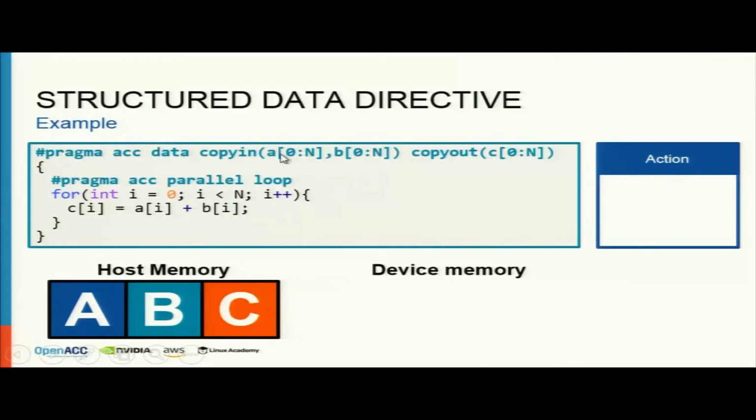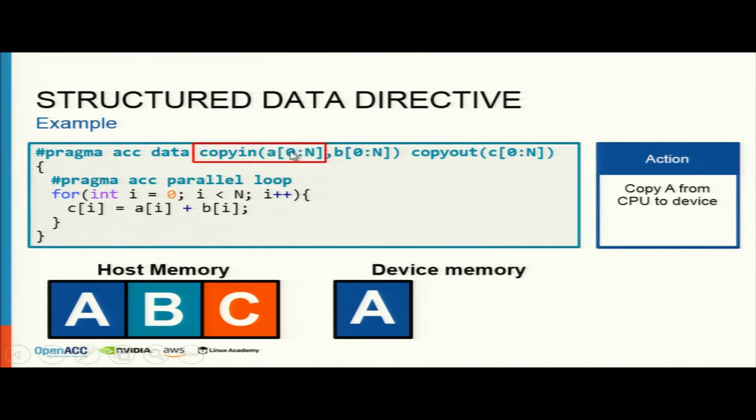Let's see an example here. Pragma ACC data, copy in, right? So in the beginning you have this data A, B and C here, correct? In your host memory, which is your CPU memory. Now I have said copy in and copy out. So what happens when I say copy in? First, a device memory gets created for A, okay?